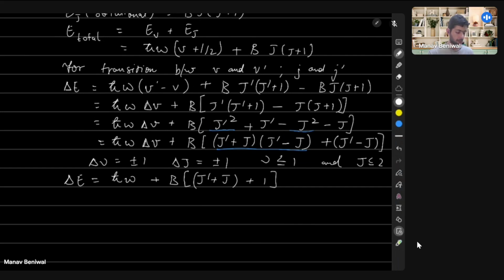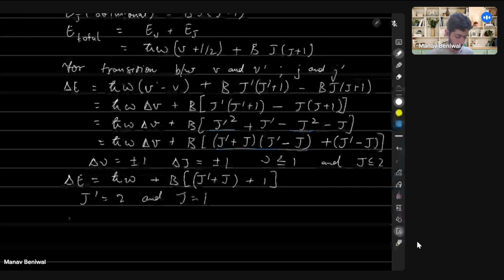Now to maximize J prime and J, we have to take the two largest values. So we will take 1 and 2. So J prime is equal to 2 and J is equal to 1.